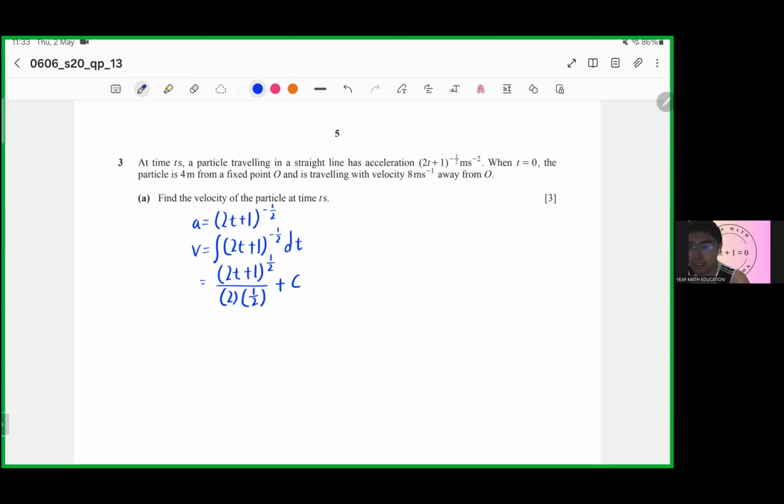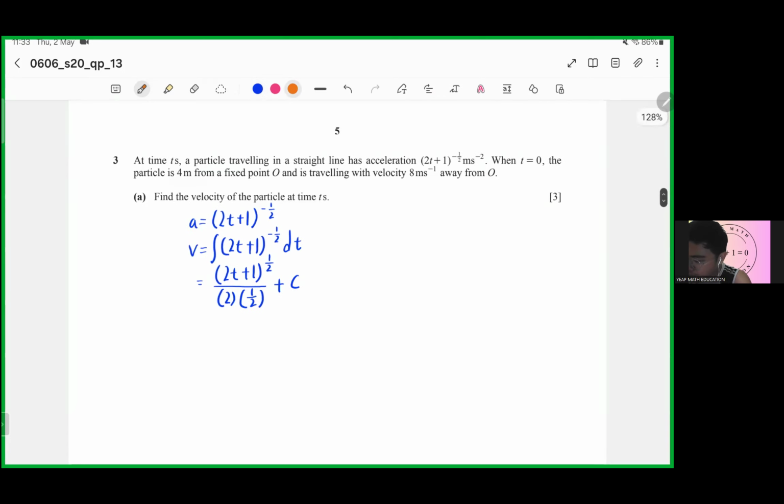Don't forget, please put the c. Then we simplify this. We get v equals square root of (2t plus 1) plus c.